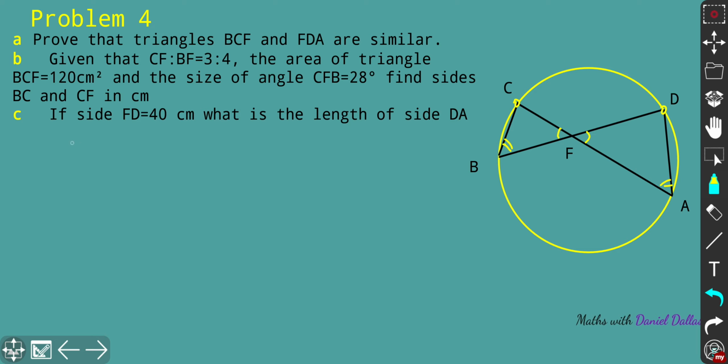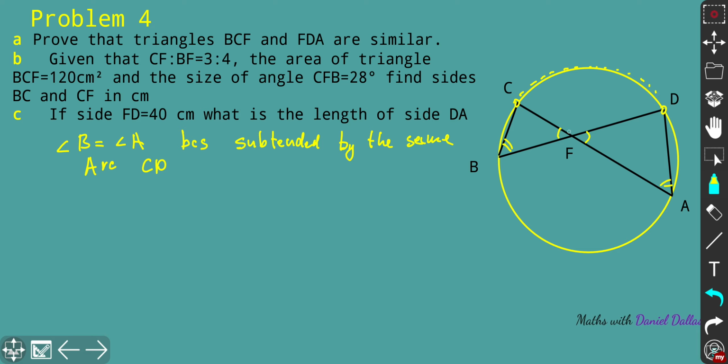So angle B is equal to angle A because they are subtended by the same arc CD, in this case the arc going all along this way. They are both inscribed angles, and that's why they're equal.